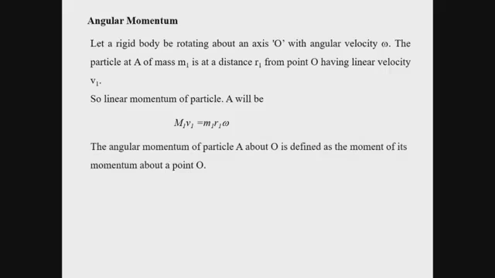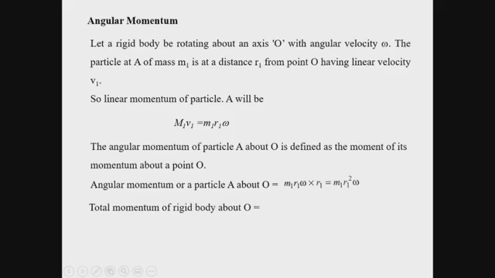The angular momentum of particle A about O is defined as the moment of its momentum about point O. Then the angular momentum of particle A about O is m1 r1 omega into r1, which is equal to m1 r1 square omega. Then the total angular momentum of the rigid body about O is the summation of m1 r1 square omega, which is equal to omega summation of m1 r1 square, which is equal to I omega, where I is nothing but the moment of inertia.